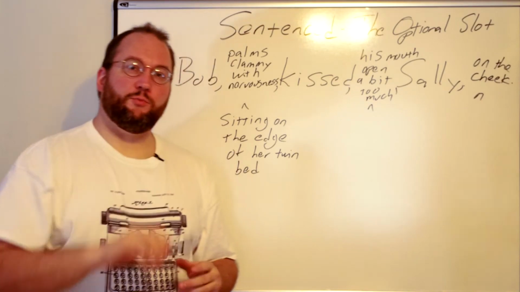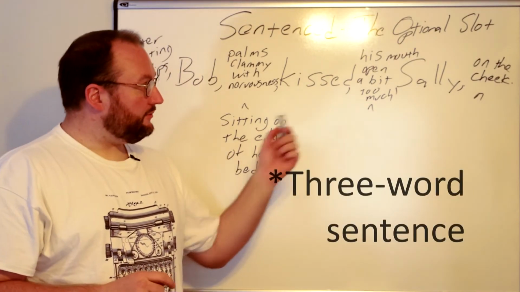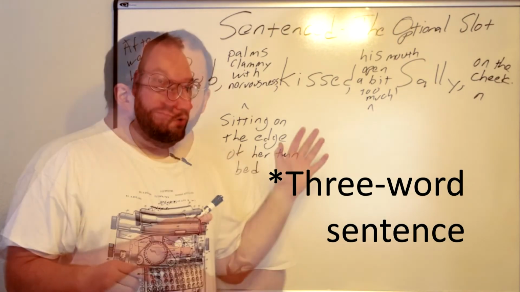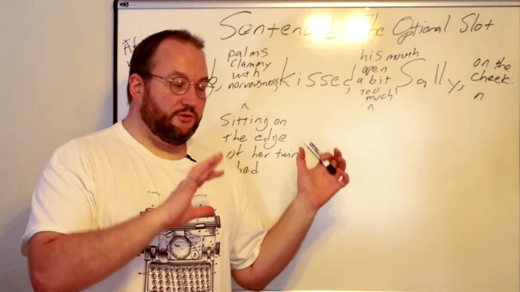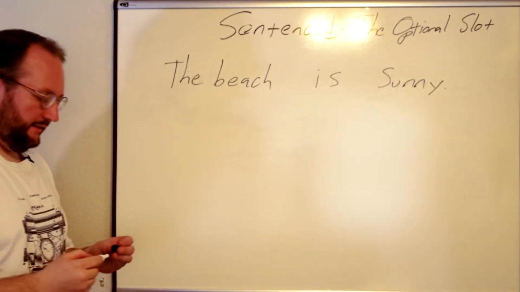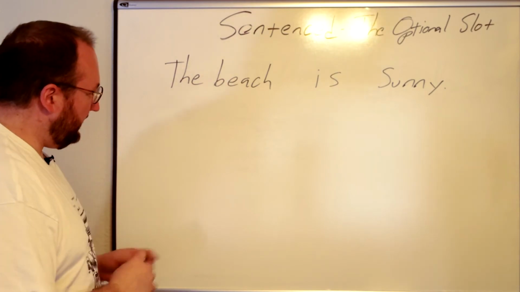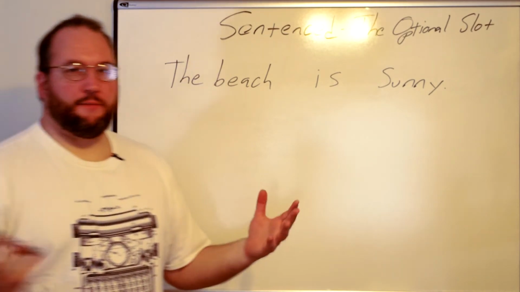So here's what you get to do in the comments section of this video. I'm going to write a 3-sentence word up here. What you're going to do is use the optional slot to create your own sentence. So let's see what that's going to look like. I lied. It's actually a 4-word sentence. I apologize for that. But it's basically the same structure as Bob kissed Sally.